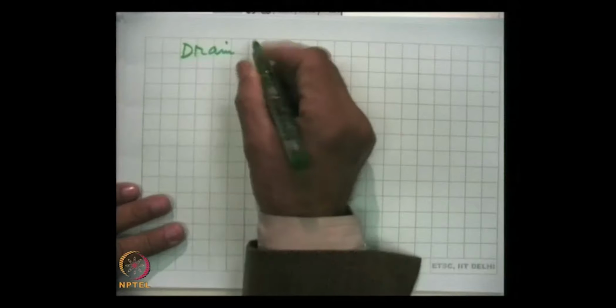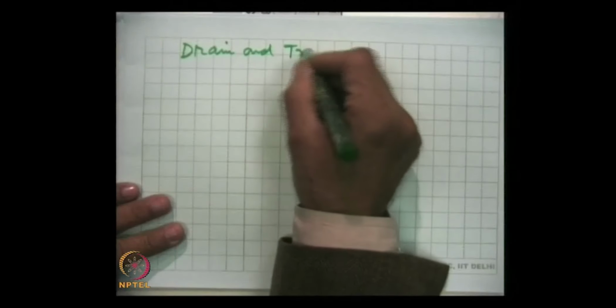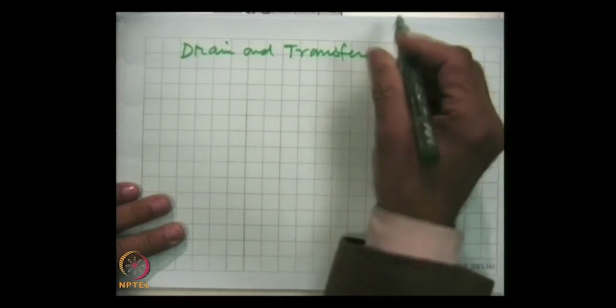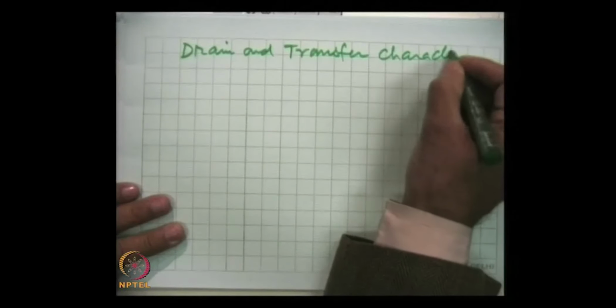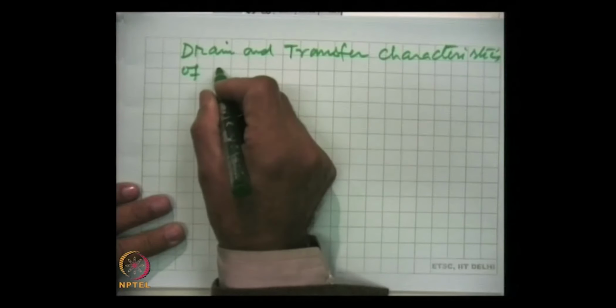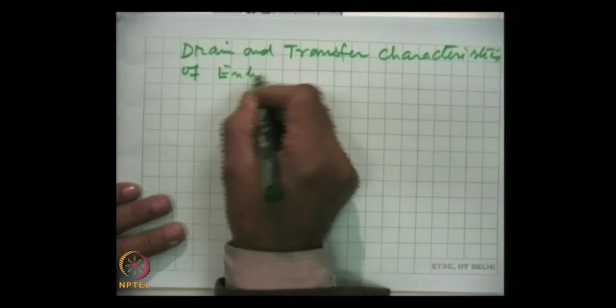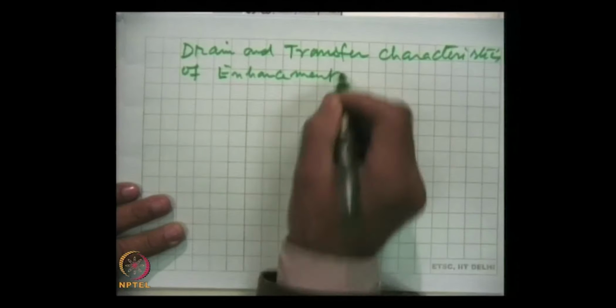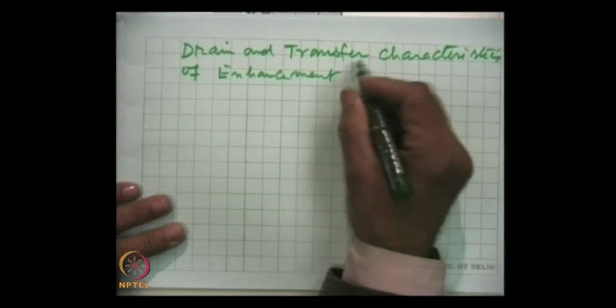Then we go for IV characteristics, that is drain characteristics and transfer characteristics of the enhancement MOSFET.